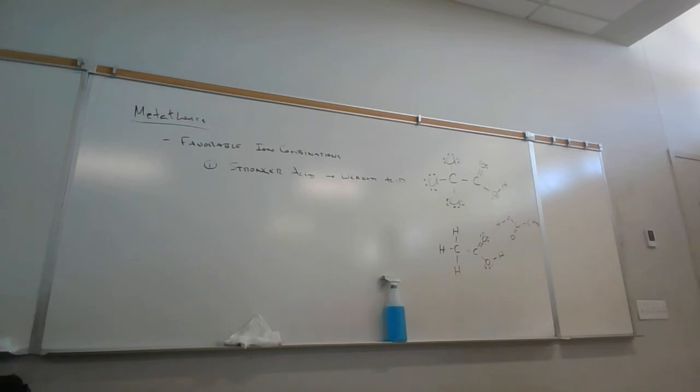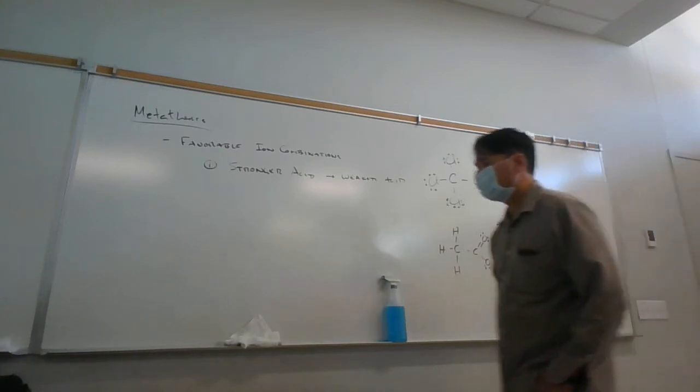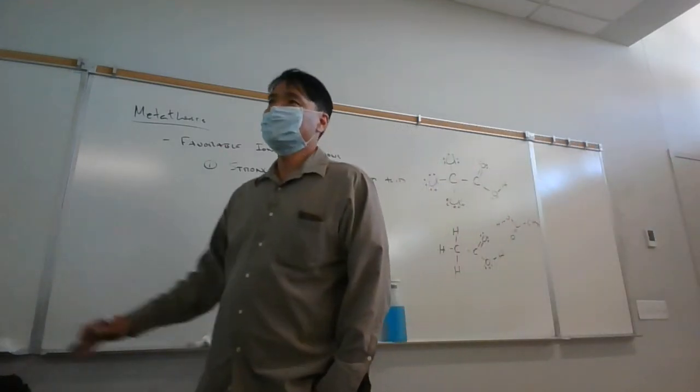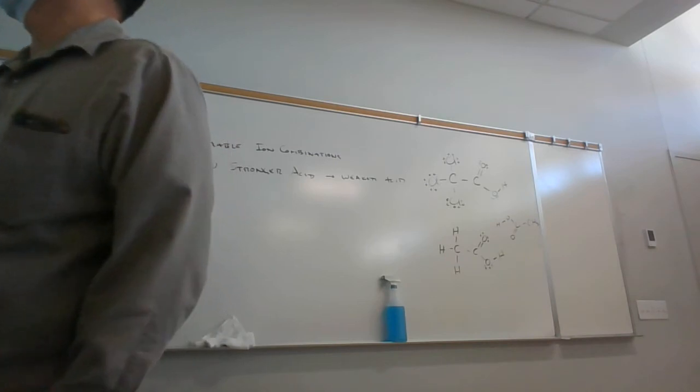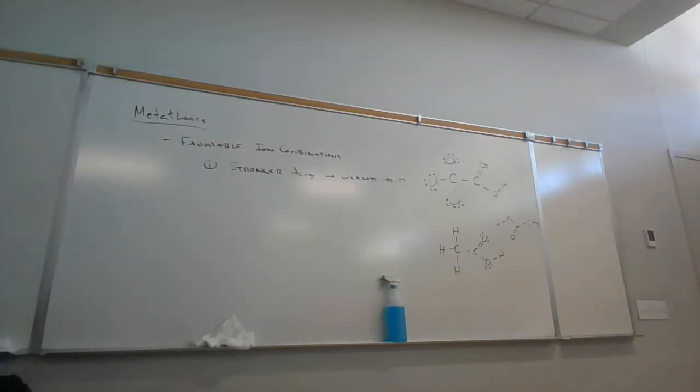Do you know which acid in Chem 1A that hydrogen bonding was an important factor in making the acid pretty weak, weaker than expected? HF. HCl, HBr, HI are all strong.